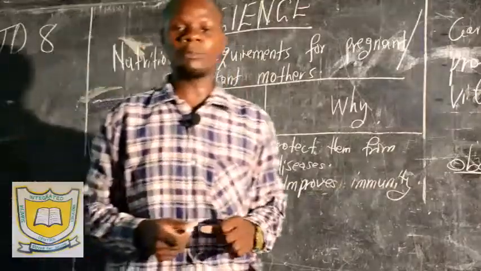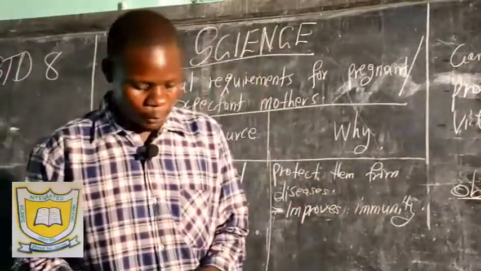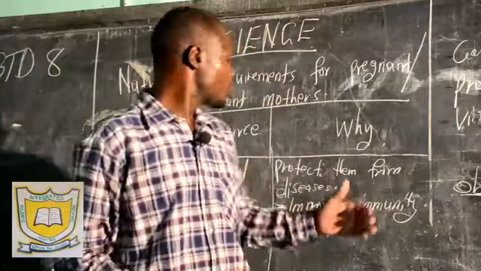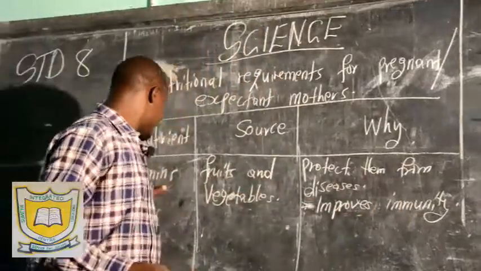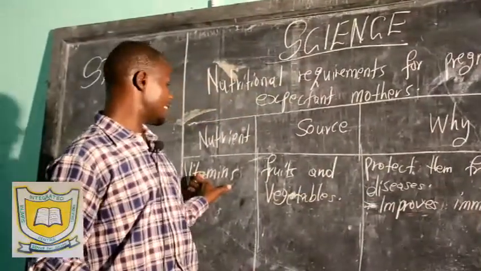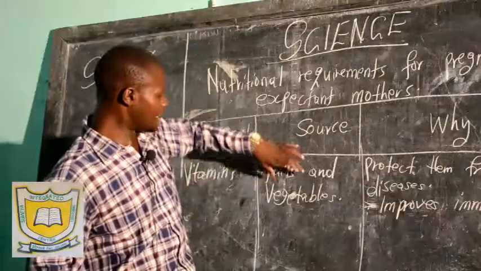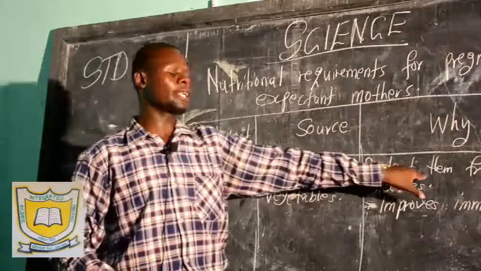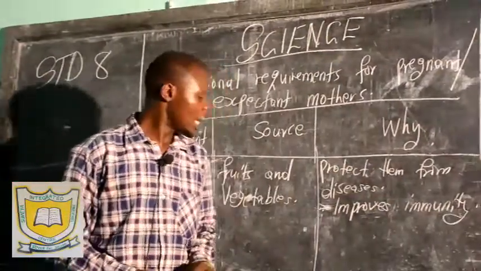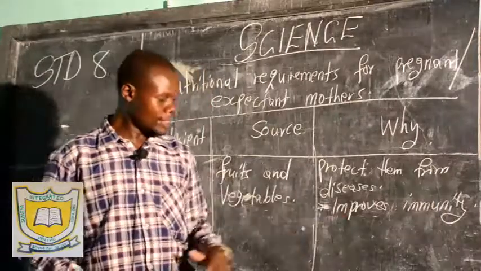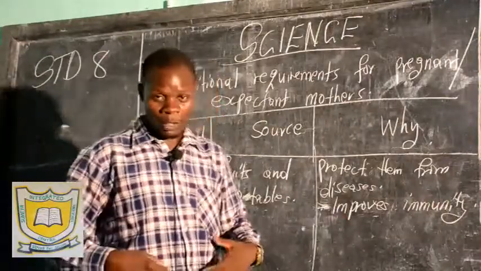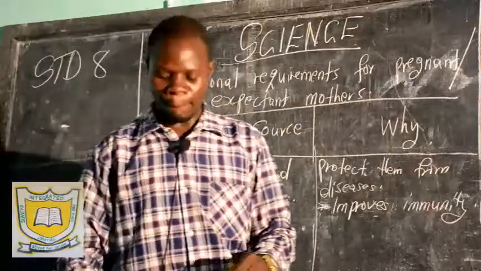The immune system of the body is the system that protects the body from diseases. So vitamins are nutrients which are got from fruits and vegetables, and they protect the body from diseases and also improve the immunity of the baby in the womb and also the mother.